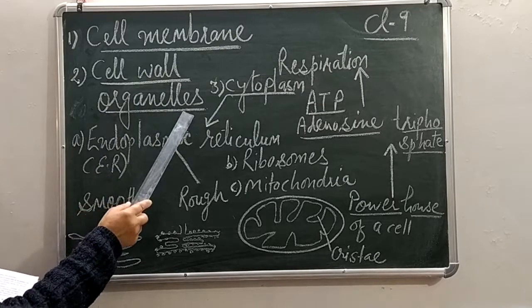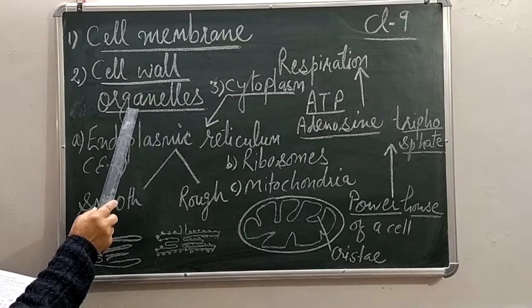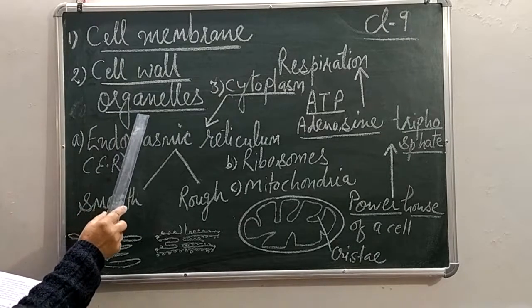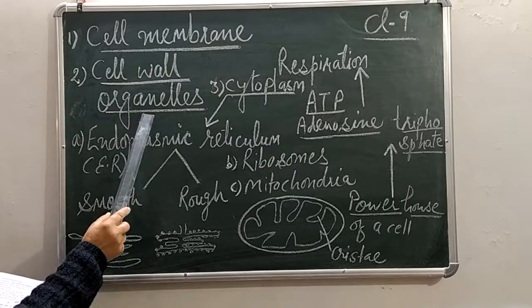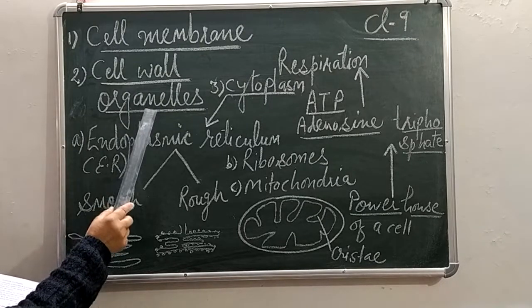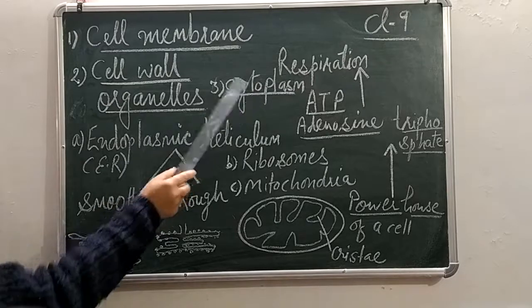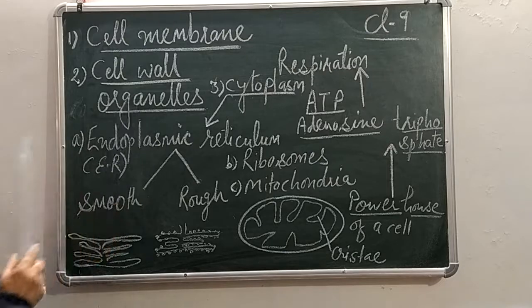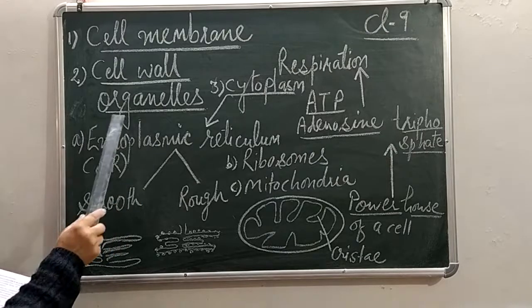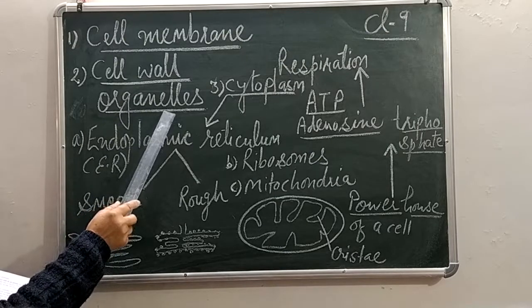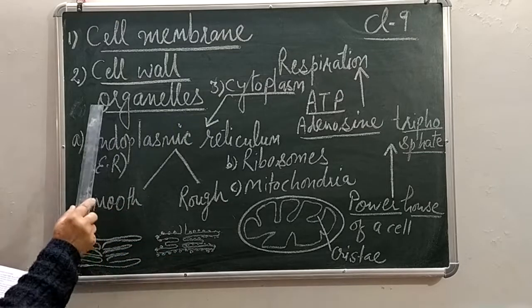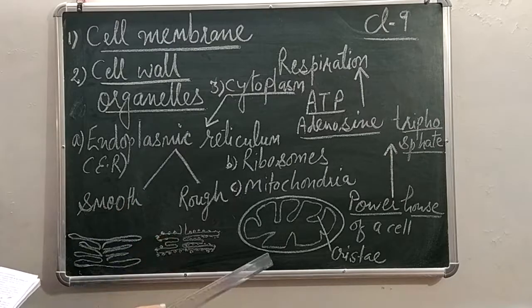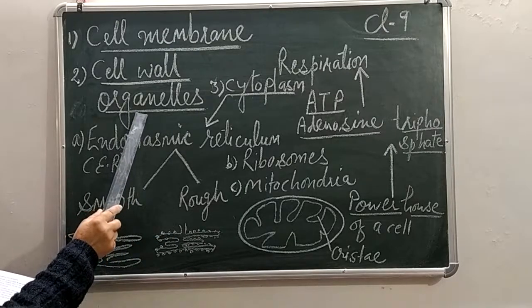Organelles are very small structures which have a definite shape, definite structure and definite function. They are present in the cytoplasm. Although they are very small in size, each has a particular function for a cell. They carry out a special type of function, so they are a very important part of a cell.